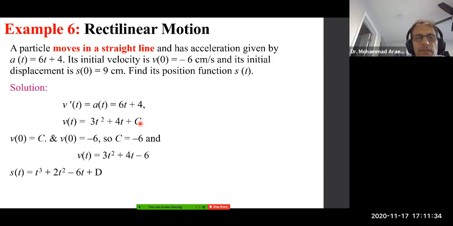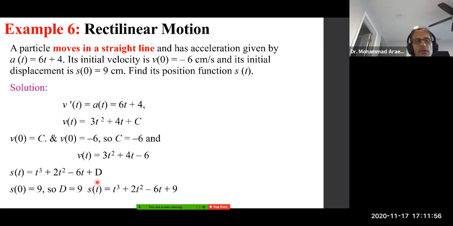So instead of c, you can use C1 and C2, or you can use C and D. Understand why I'm using D, meaning this is not the same as that one. Okay, and we know S of 0 is 9. So plug in. So this is 9, 0, 0, 0, and you find D. Okay, and this is it.